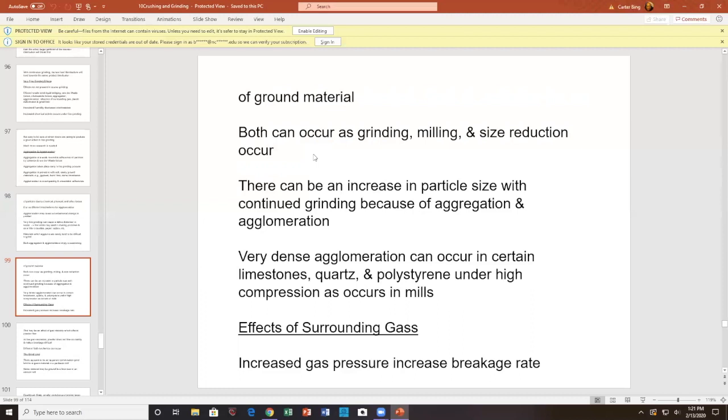You stop the grinding, and you anticipate agglomeration. To prevent agglomeration, you put in stopping dust. Stopping dust is a magical term for anything that prevents agglomeration.